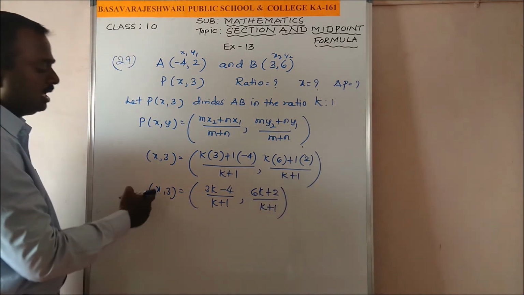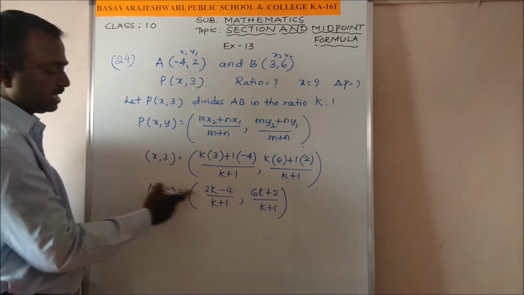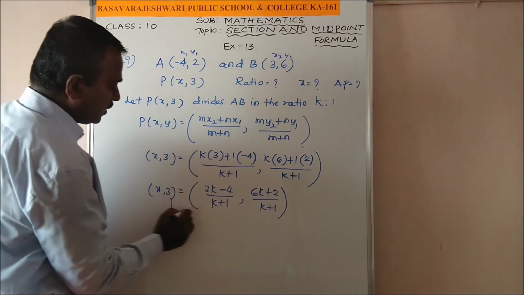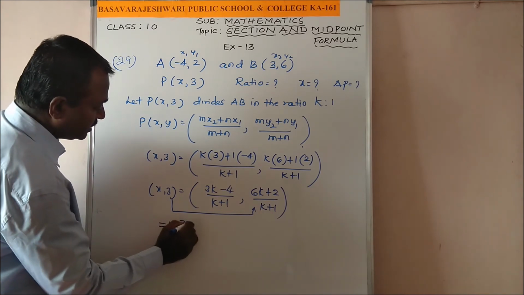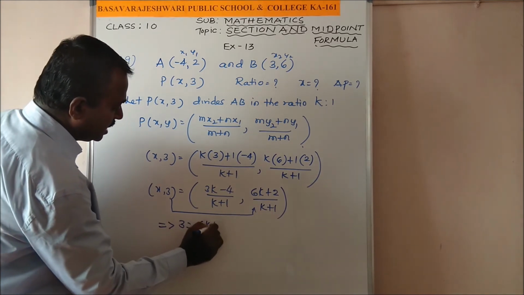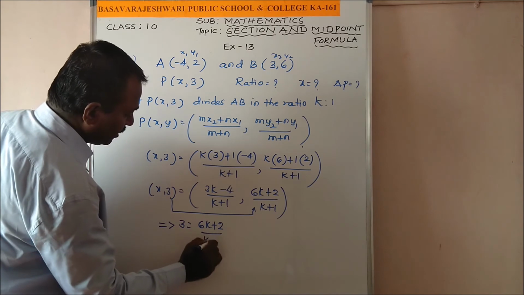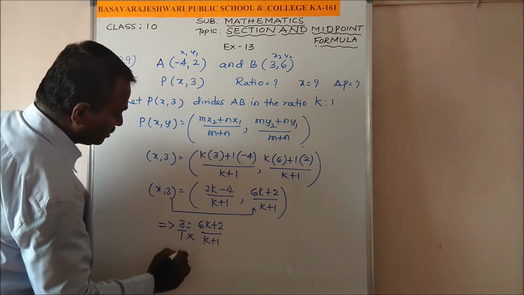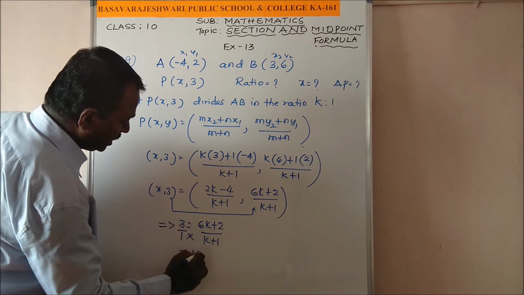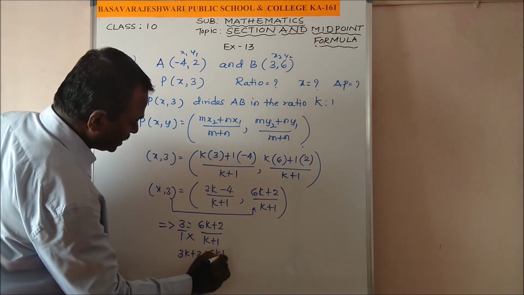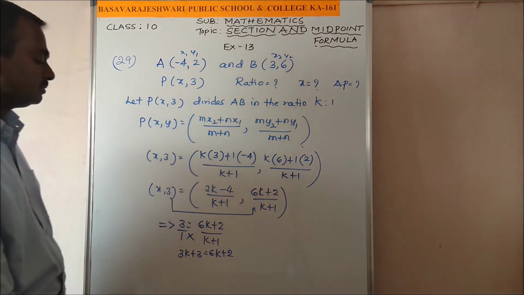We cannot take the x coordinate because two unknowns are there. Therefore, we can equate the y coordinates. Therefore, this implies 3 is equal to (6k plus 2) by (k plus 1). Cross multiply: 3 into k, 3k plus 3 into 1, 3, is equal to 6k plus 2.